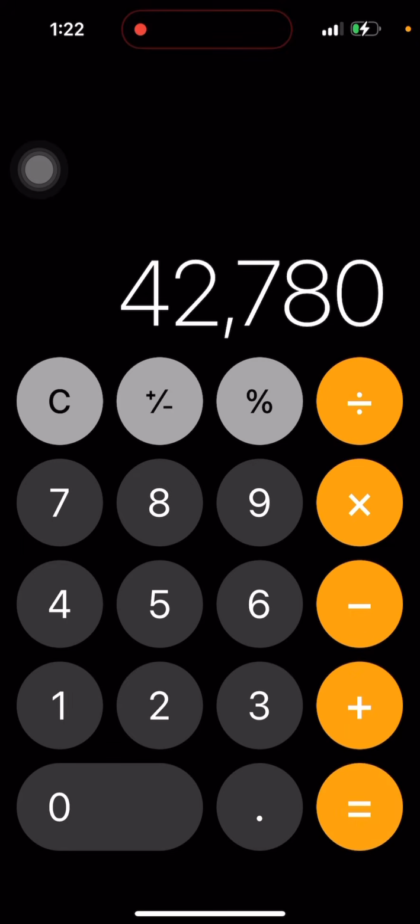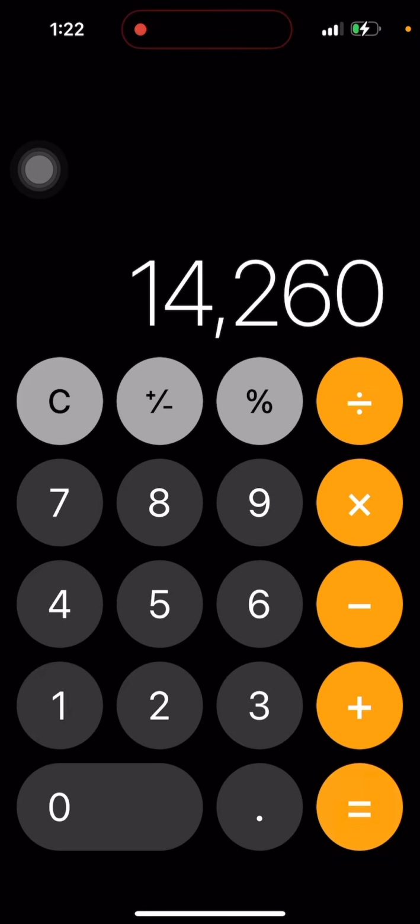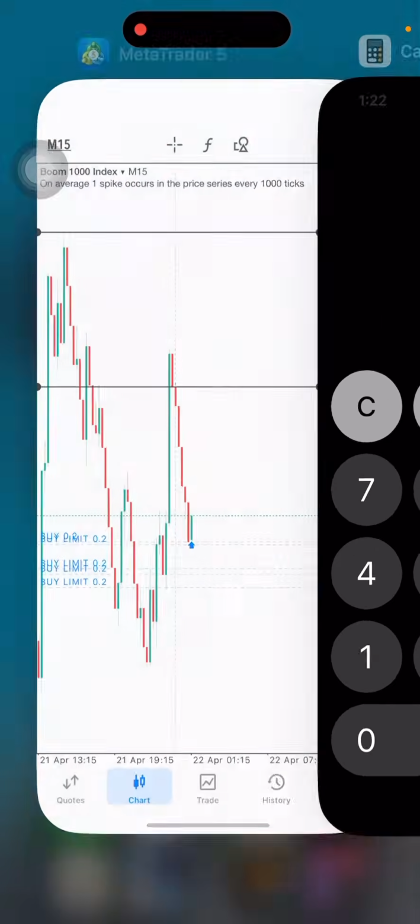And it's equal to 42,780. Then you are going to divide this value by 3. Now you're going to note this price point very carefully, 14,260.